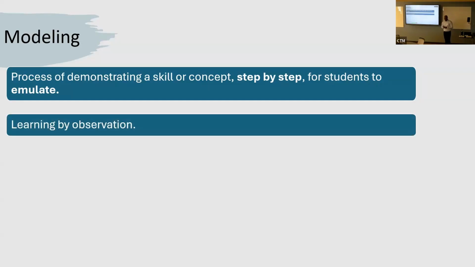And this is based on the concept that we learn by observation, right? So as your students see you model how to compose music, for example, how to do psychoanalysis of a mental patient, for example, they learn to do that by observation.